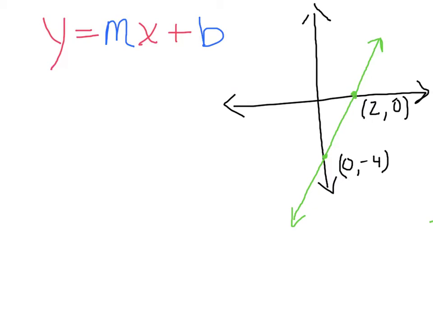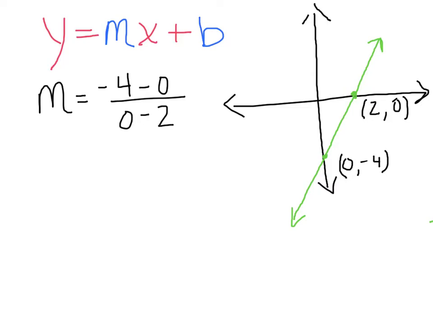In the last chapter, we also practiced writing the equation of a line from a given graph. So here you see a graph of a line that runs through (0, negative 4) and (2, 0). We need to determine what the slope is for this line, so we're going to use our slope formula: negative 4 minus 0 over 0 minus 2. Please be sure that you're using the points in the proper order.